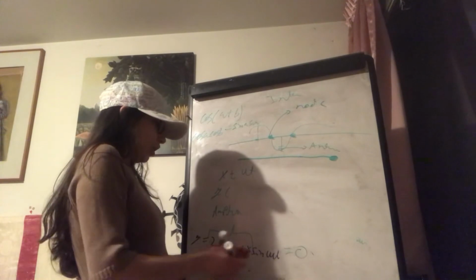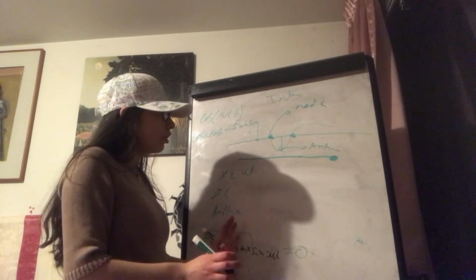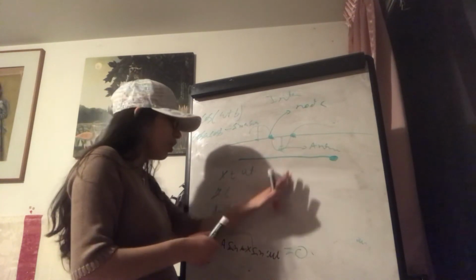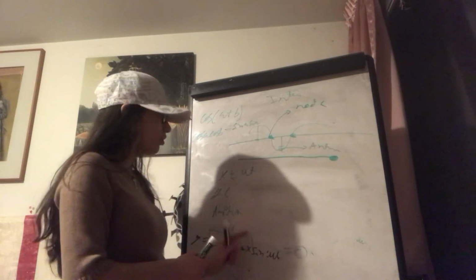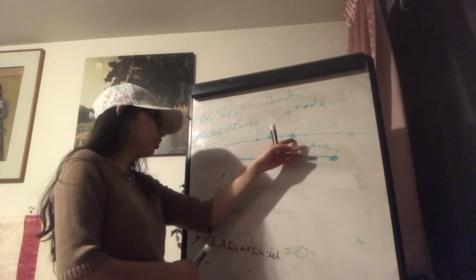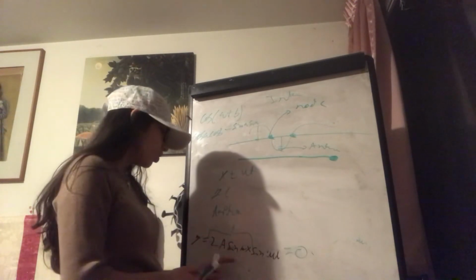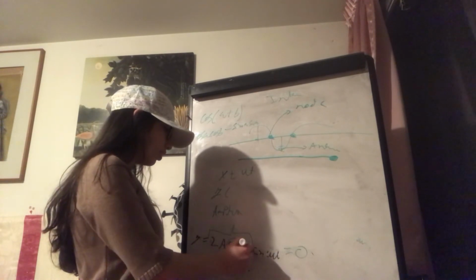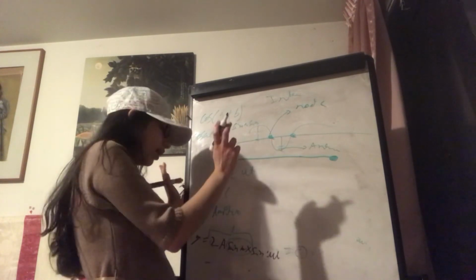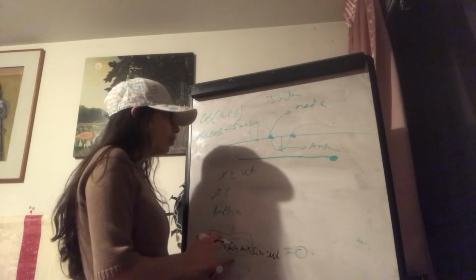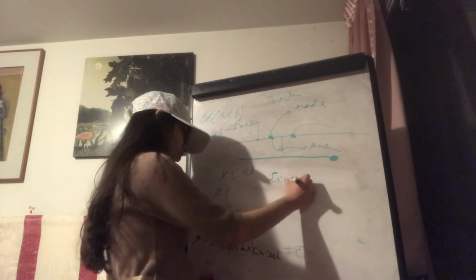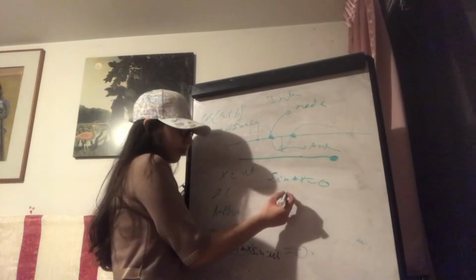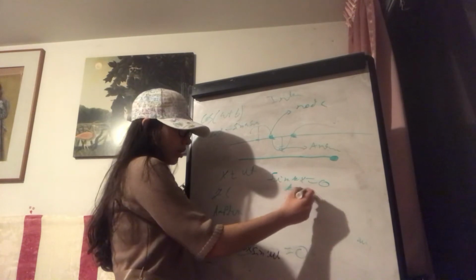It doesn't matter at which time we are talking, these nodes will never move. The only factor that determines this is the position of the particles. So if I want to find the nodes, where there is no movement, I have that sine of kx is equal to 0.